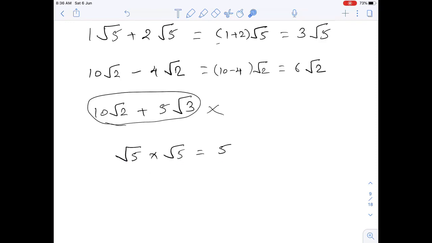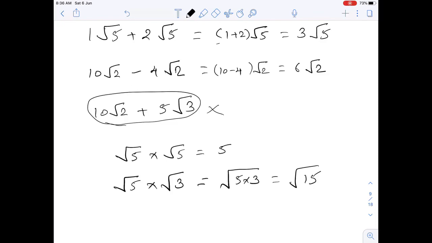Now suppose it is given in this way, root 5 multiplied by root 3. Now here we have a multiplication sign in between, so what we can do is keep this root as it is and multiply the inside numbers, so our answer will be root 15.